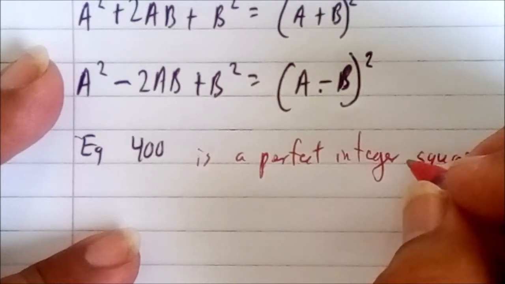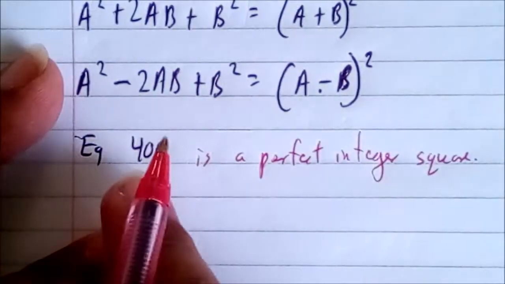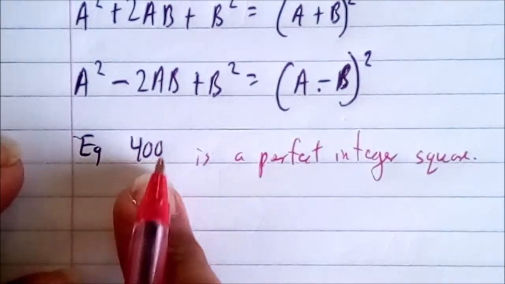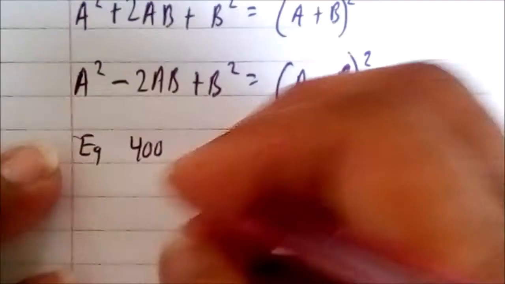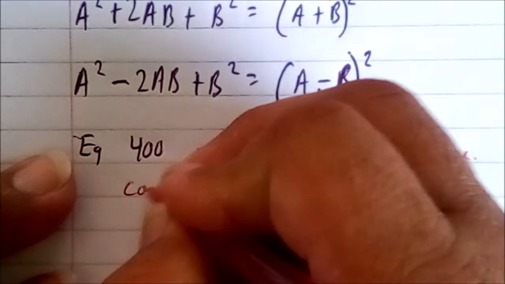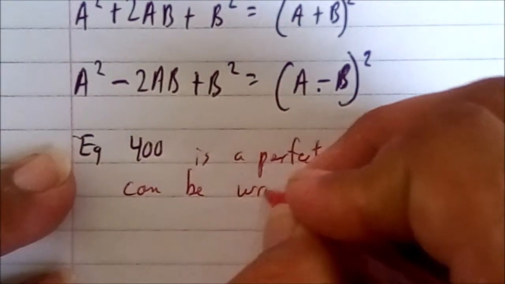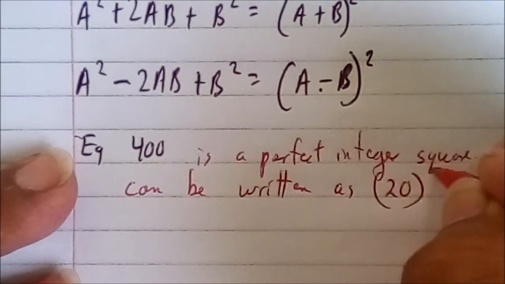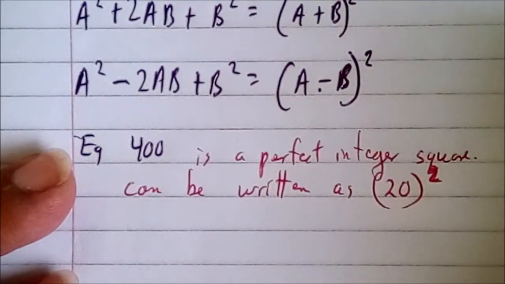So this is a perfect square number. What does that mean? This simply means that 400 can be written as 20 squared. That is also 400.